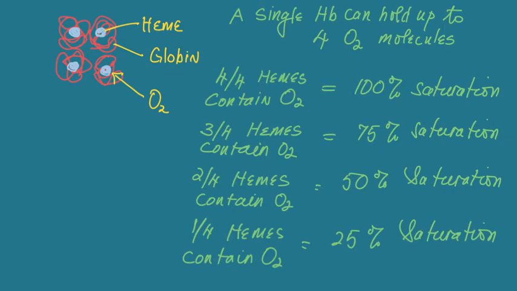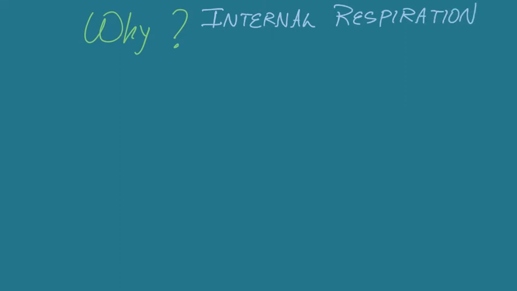Now, why is this important? This is important because it gives us an idea of the circumstances in which hemoglobin will release oxygen to the tissues or cells. This happens during internal respiration, which is the gas exchange between the capillary and the body cells.